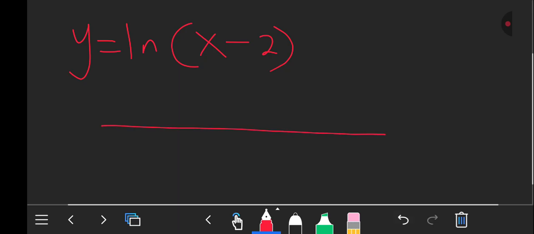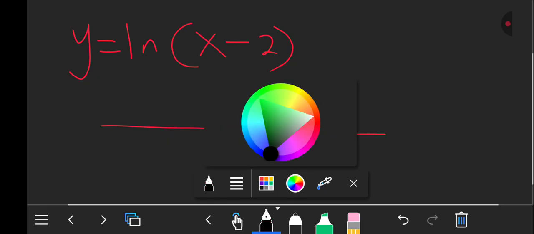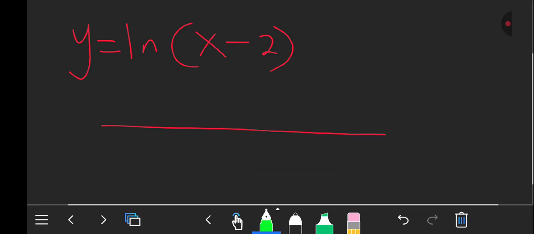Let's look at another example. What if you have y is equal to ln of x minus 2? Let's sketch that. As we've said, the graph shouldn't cross the y-axis.